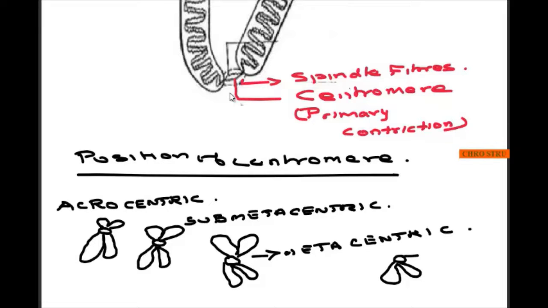This we call telocentric. These are rod-shaped chromosomes, and submetacentric chromosomes are L-shaped, and the metacentric ones are V-shaped chromosomes. So this is what we have on the basis of position of centromeres.